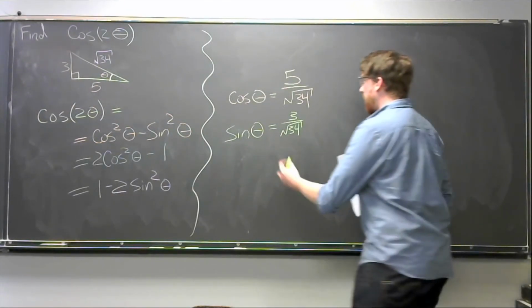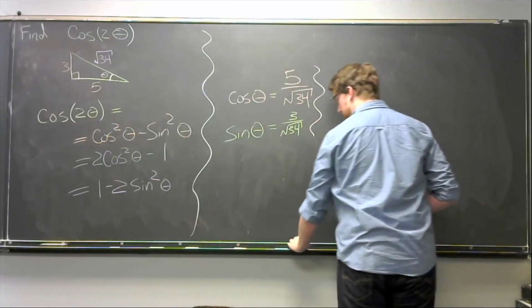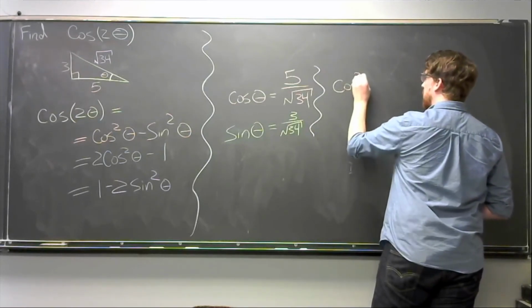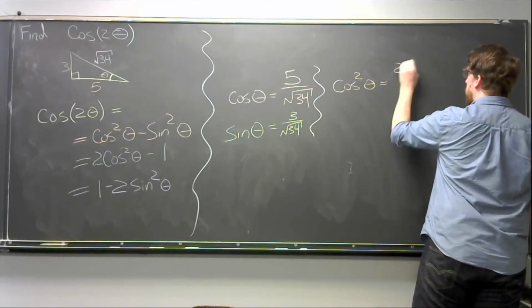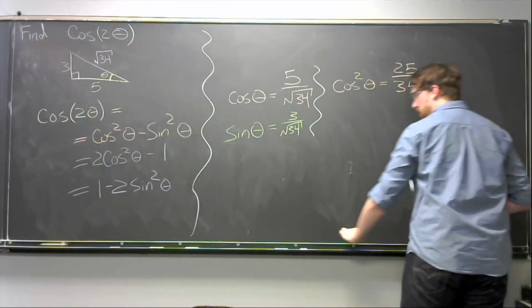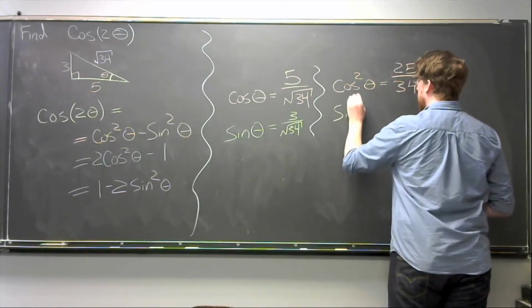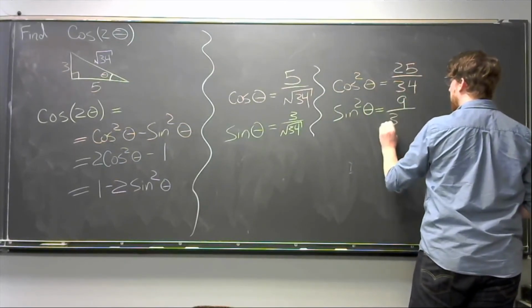So cosine squared of theta is going to be 25 divided by 34, and sine squared of theta is going to be 9 divided by 34.